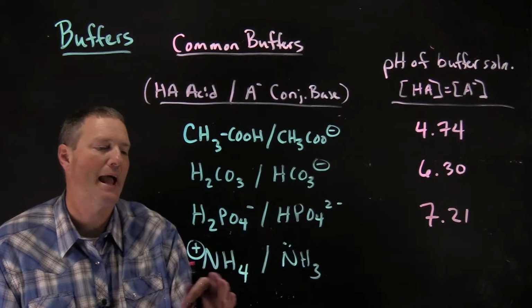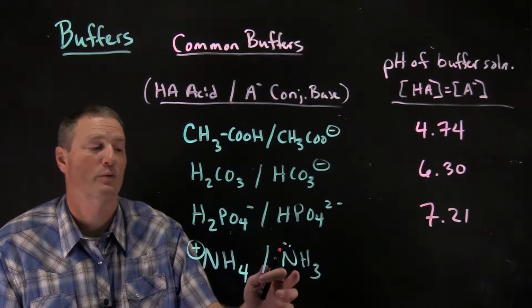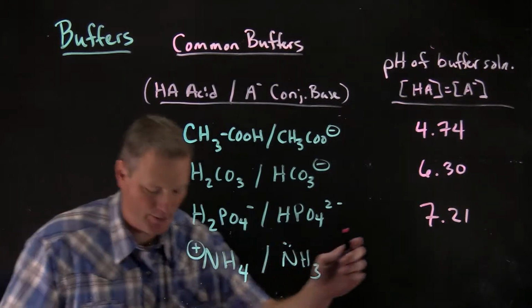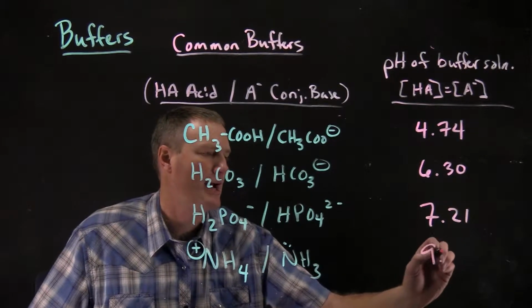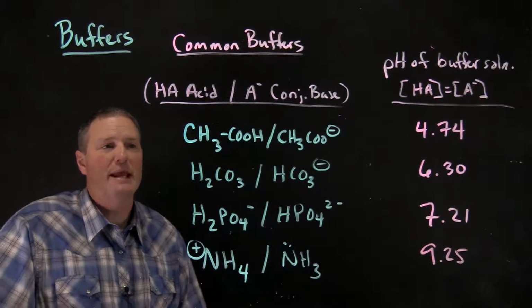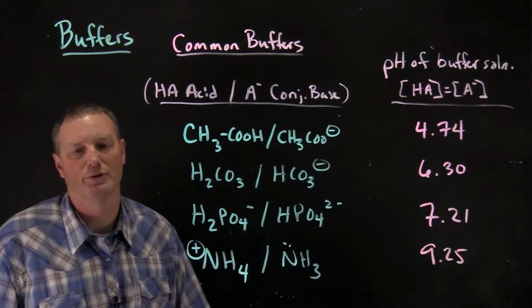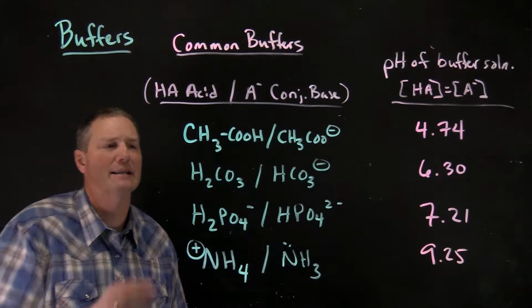Last example, I have the ammonium ion, NH4+, and its conjugate base, which would be ammonia. Mix those in equal amounts, measure the pH, 9.25.